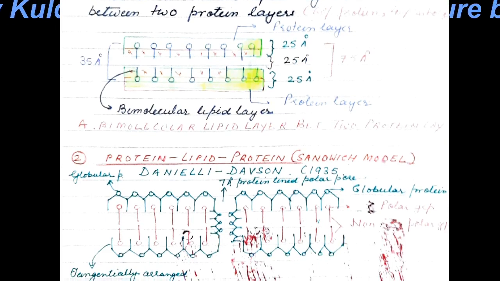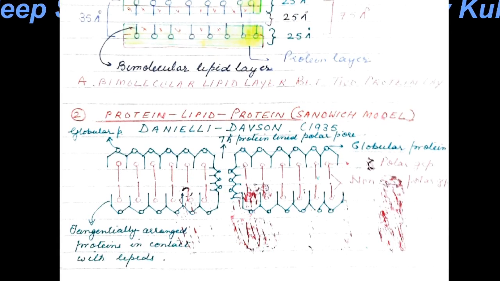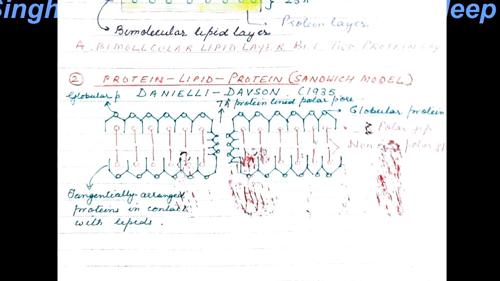Another model is the sandwich model, and this is called the protein-lipid-protein model. This was put forth by Danielli and Davson in 1935. You can see in the slide that the model has two lipid layers having polar groups and non-polar groups.